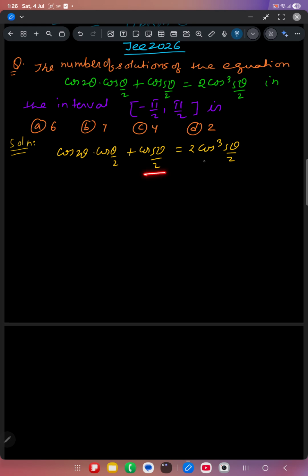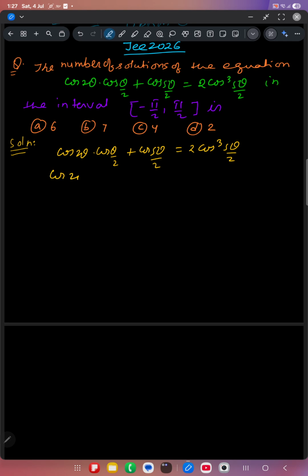Now cos 5θ/2 and here cos 5θ/2. So we will make like terms together here. In terms of name, cos 5θ/2 is the same name. Though their power is different, the angle is the same, for that reason.